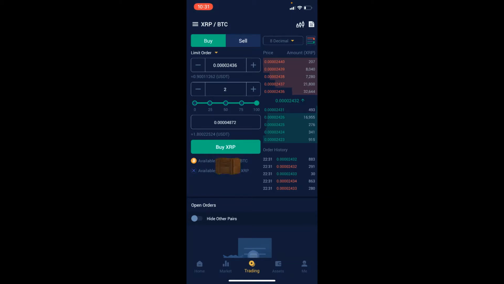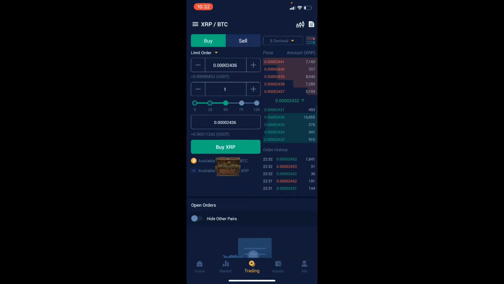If you want to trade less, you can always bring the dial down. Maybe you only want to trade half of it. Well, all you have to do is bring that dial to 50, because that will represent 50% of the amount of Bitcoin that you want to trade with.